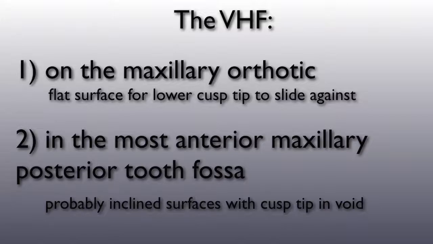It is an entirely different thing when one is dealing with the anatomy of a lower cusp within the anatomy of an upper opposing fossa. In spite of this, the same principles of the VHF still apply. You most likely have two curved surfaces contacting on an inclined plane.